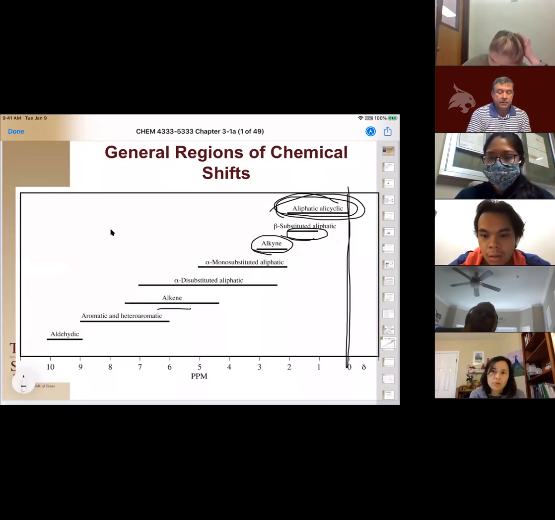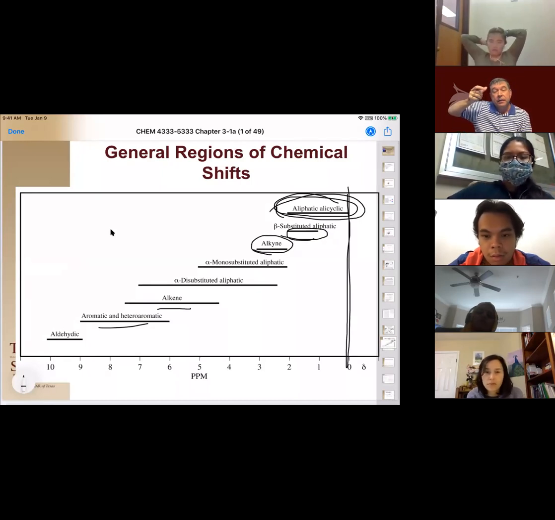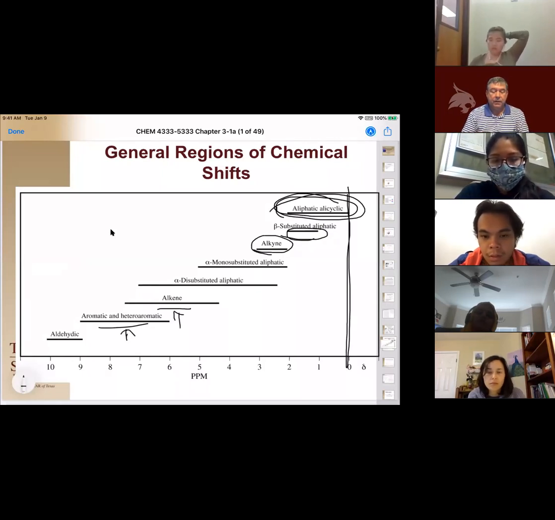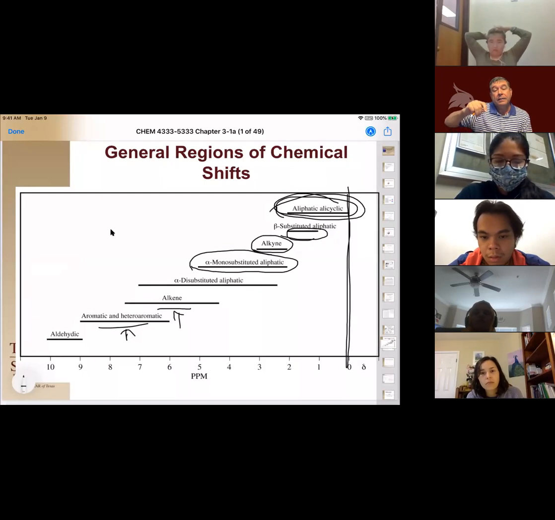Notice alkenes and aromatics are way over here, okay? But because of that anisotropy, because it's a linear molecule, it's not as deshielded as other pi systems.